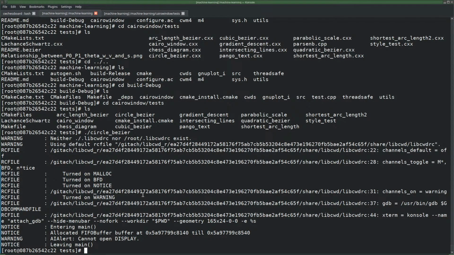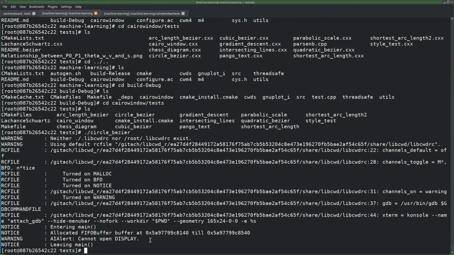Right. Well, I could give it access to my X server, but then we need some kind of bridge to the real X server. Surely people have figured that one out.